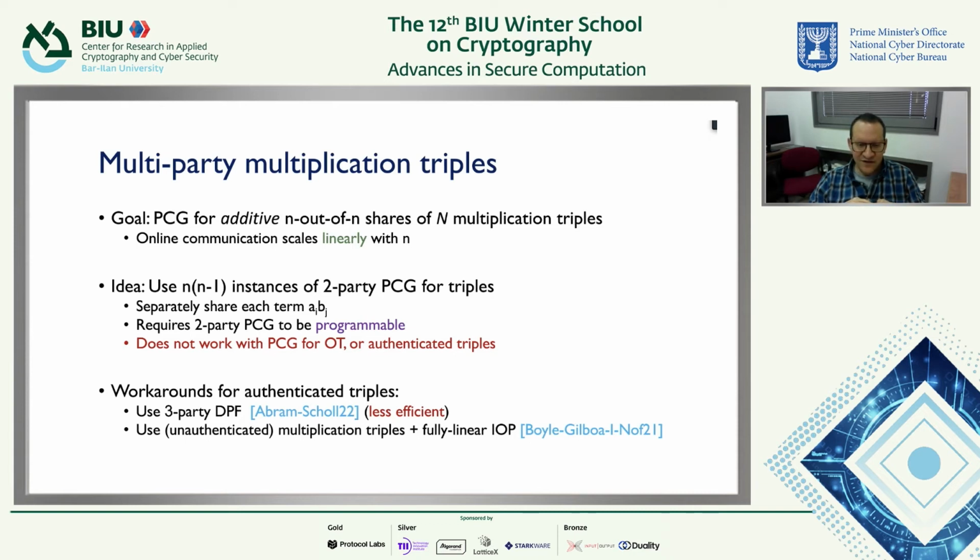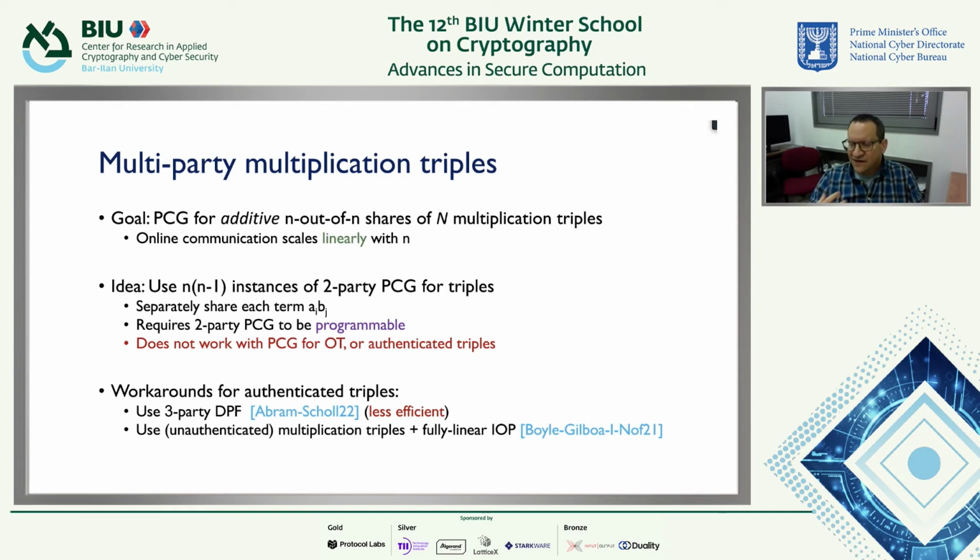And a very different approach, in a work that's related to what Henry talked about yesterday. In a work with Elette, Niv, and Ariel, from last Crypto, we show that, so the SPDZ approach is to use authenticated triples to get a fast online malicious MPC.